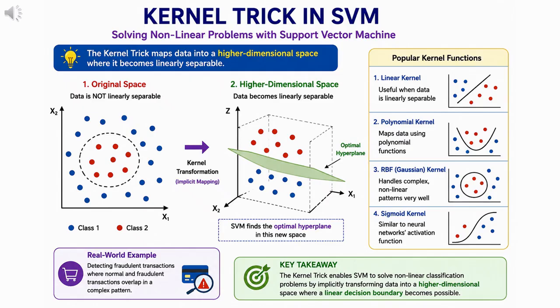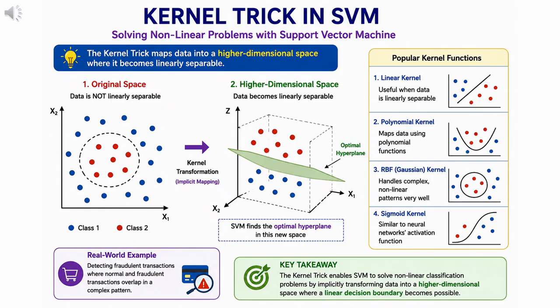In that new space, the previously overlapping classes often become linearly separable. The amazing part is that SVM performs this transformation without actually calculating the new coordinates. It uses a kernel function to compute the relationships directly, making the process both efficient and powerful.